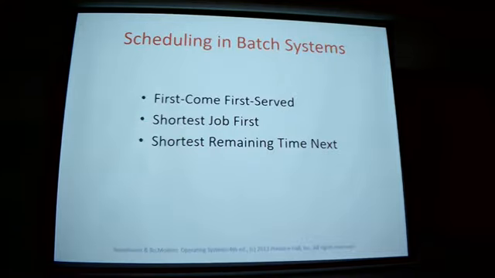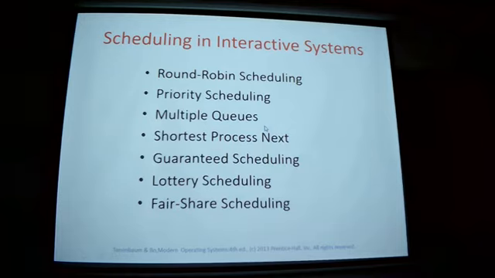We have just learned two types of scheduling algorithm. In first come first served, the process that comes first will be served first. In shortest job first, the job with the shortest time will be served first. There are also some other scheduling algorithms, for example, round robin.